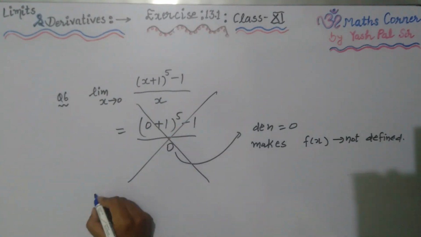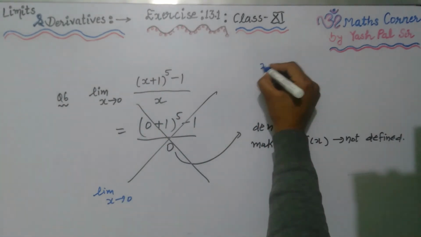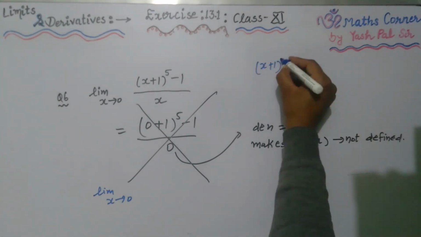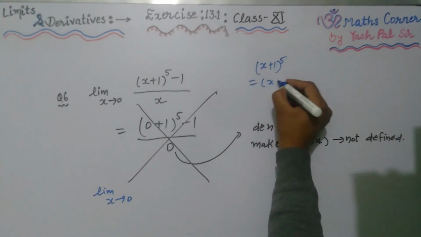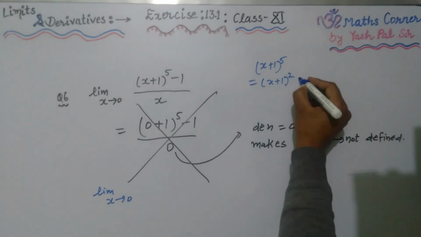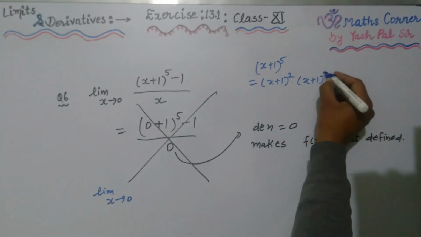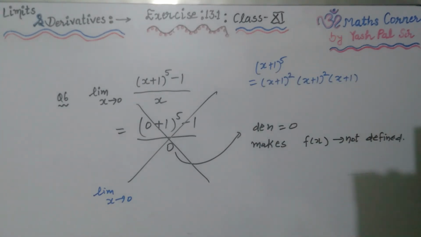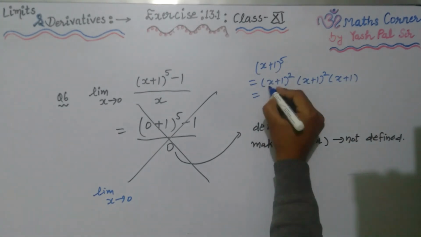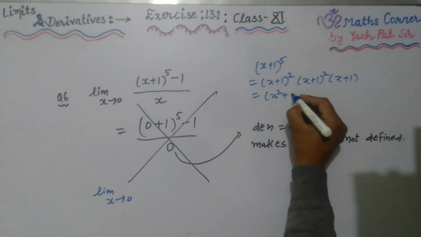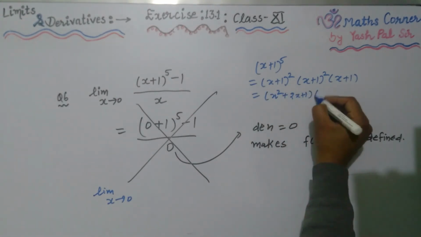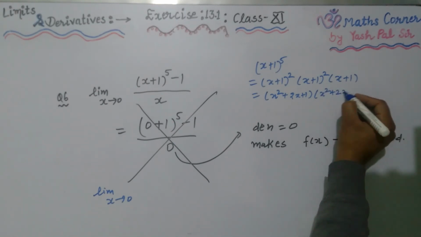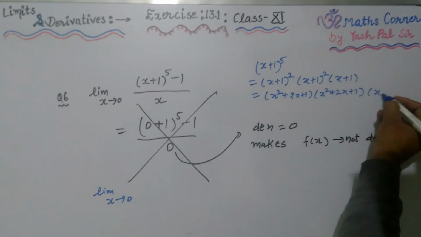now this limit x approaches to 0, x plus 1 whole raised to power 5, we can say this is equal to x plus 1 whole raised to power 2 into x plus 1 whole raised to power 2 into x plus 1, if we don't know how to open the bracket. Okay, so first of all this becomes x square plus 2x plus 1 into again x square plus 2x plus 1 into x plus 1.